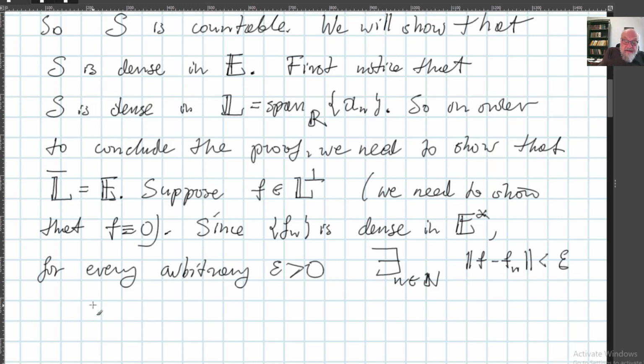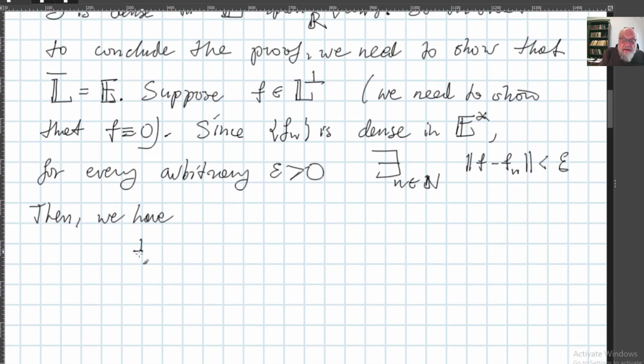So what do we have here? Then I have 1/2 the norm of Fn, that one is smaller or equal to Fn on Xn.